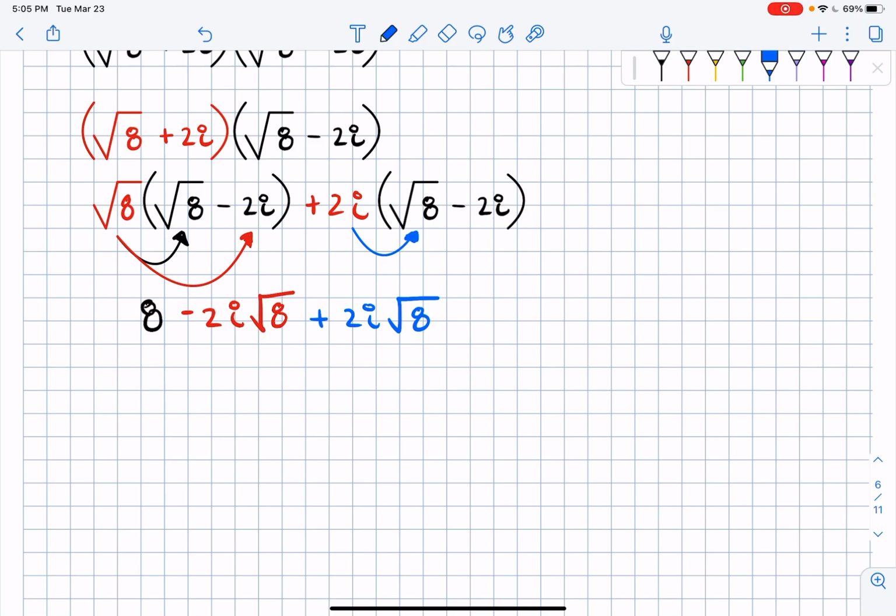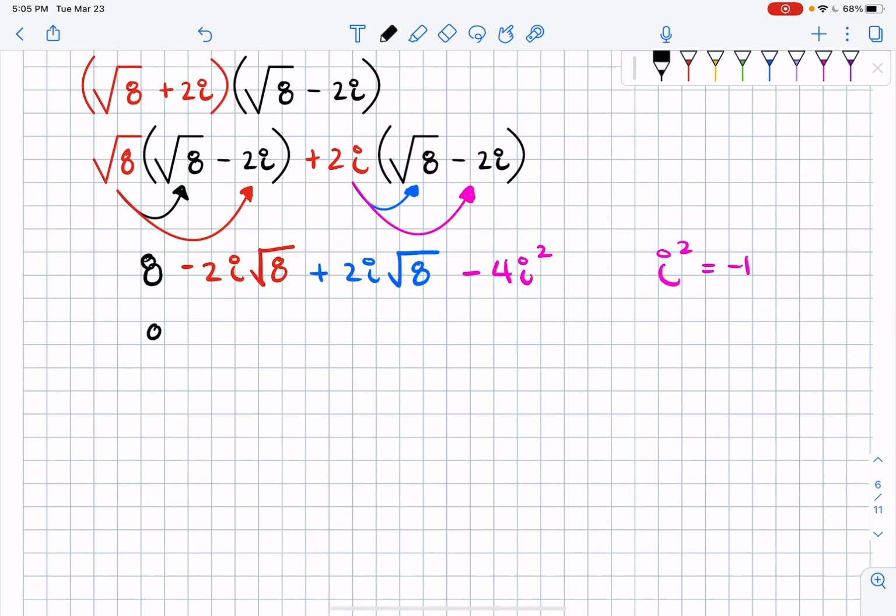And then, go fuchsia here. Then 2i times a negative 2i is going to give you a negative 4i squared. Okay? So here's the thing. I squared is equal to negative 1. So really what I have here is 8.